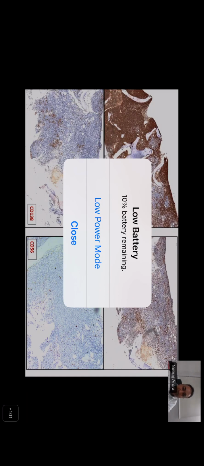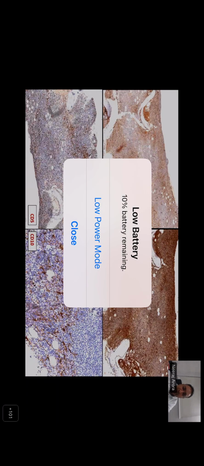Next slide. So this is an immunohistochemistry based approach. If you have flow cytometry, it is very easy to demonstrate whether these are lymphoid cells or plasma cells, and you can look at the expression on these cells. Whenever you are suspecting Waldenstrom, look for the variation in the intensity across the lymphocytes, plasma cells, and lymphoplasmacytoid cells.